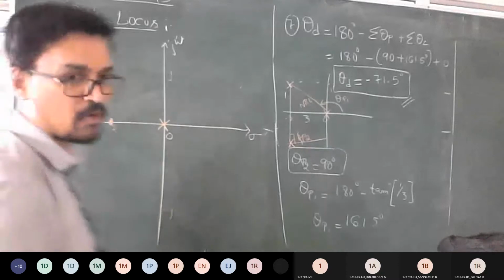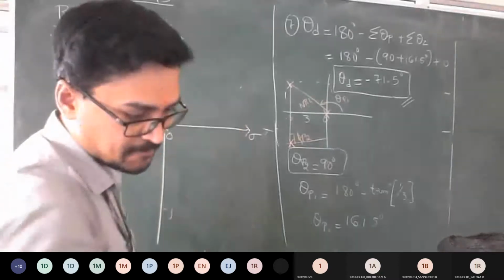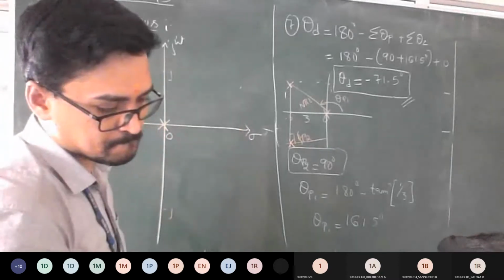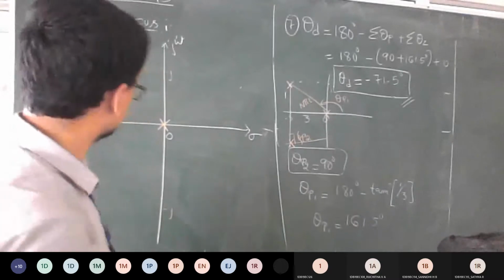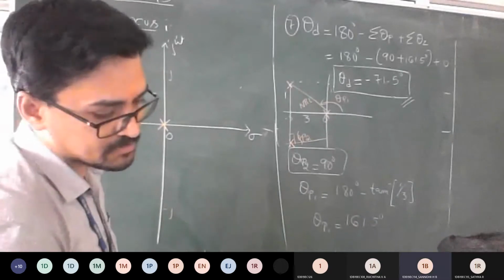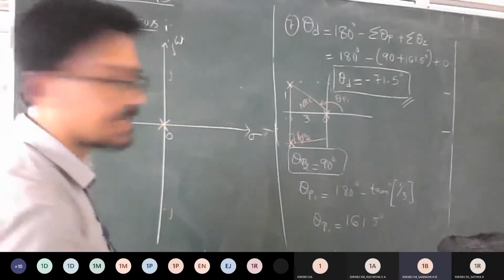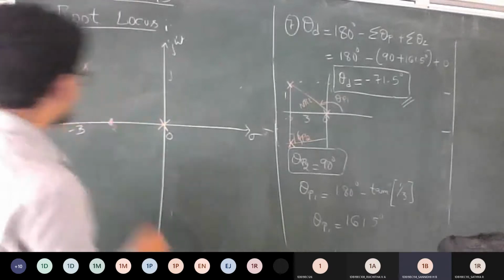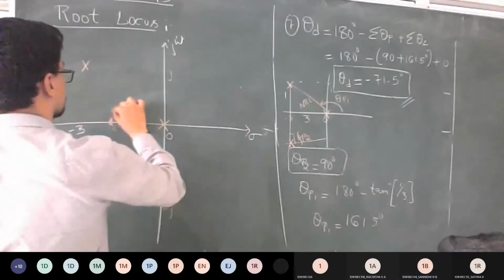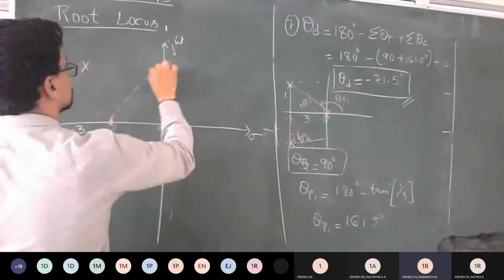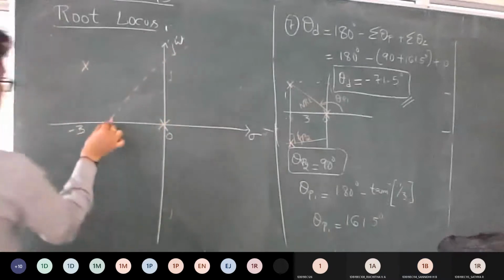So from this, how many angles did you get, guys? 3 angles. 60, 180, 300. 60 will go somewhere here. 180 means it comes here itself.